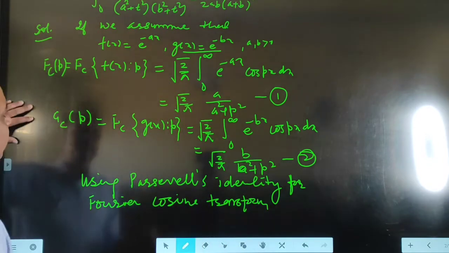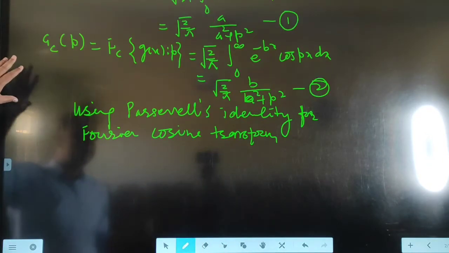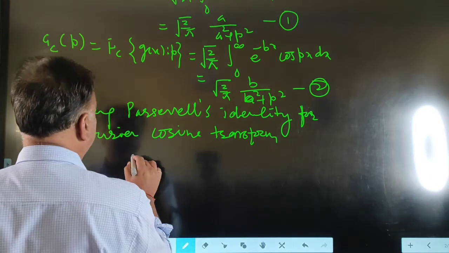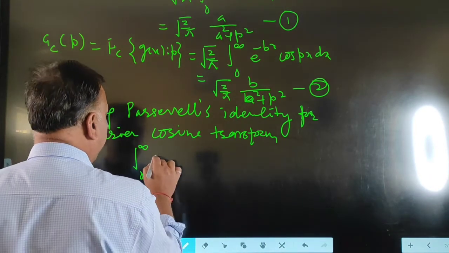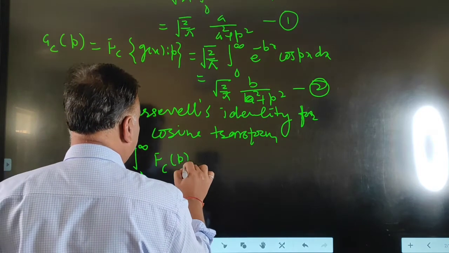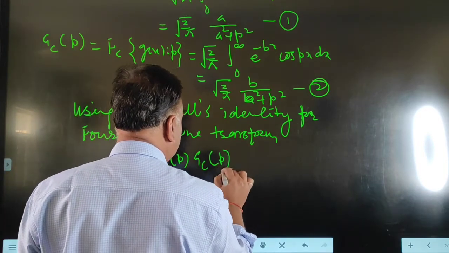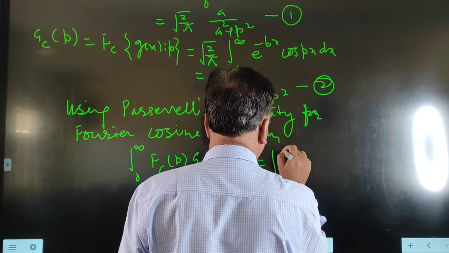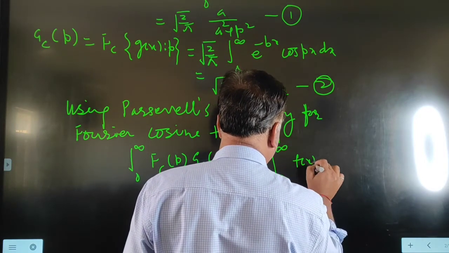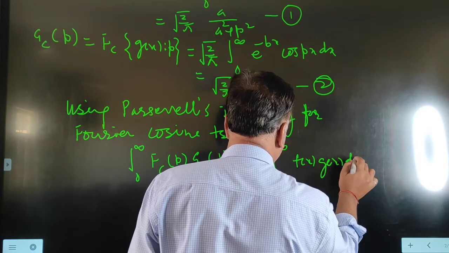We know that Parseval's identity for the Fourier cosine transformation is integral 0 to infinity Fc(p) into Gc(p) dp is equal to integral 0 to infinity f(x) into g(x) dx.